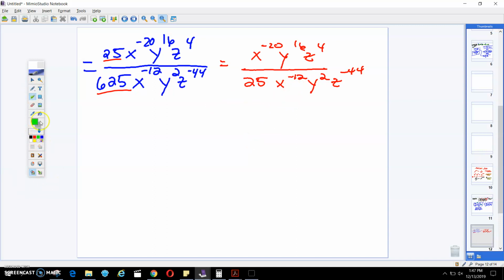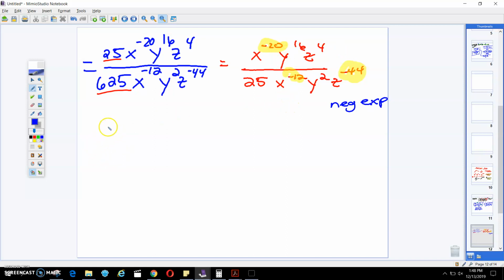Okay, so what that means is we're going to look at all of these negative exponents, and we know from our negative exponent rule that if it's a negative, we can switch it across the division line, right? So we're going to write everything else that's not a negative the same, and then switch those negatives to be positive.